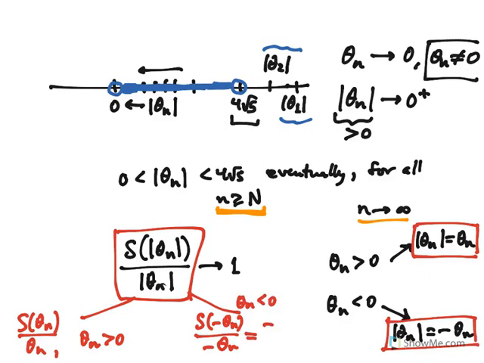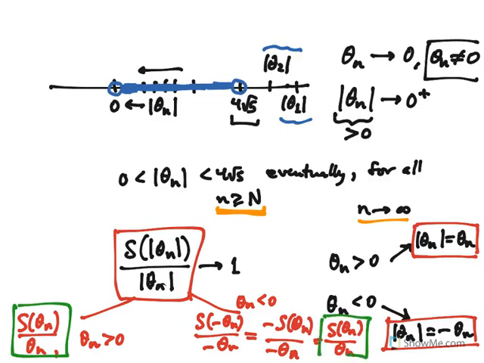Notice that because the sine function is odd, it lets the minus sign through. And then the two minus signs just cancel out from the top and the bottom. So in both cases, you end up getting the same expression. And that covers all possibilities.